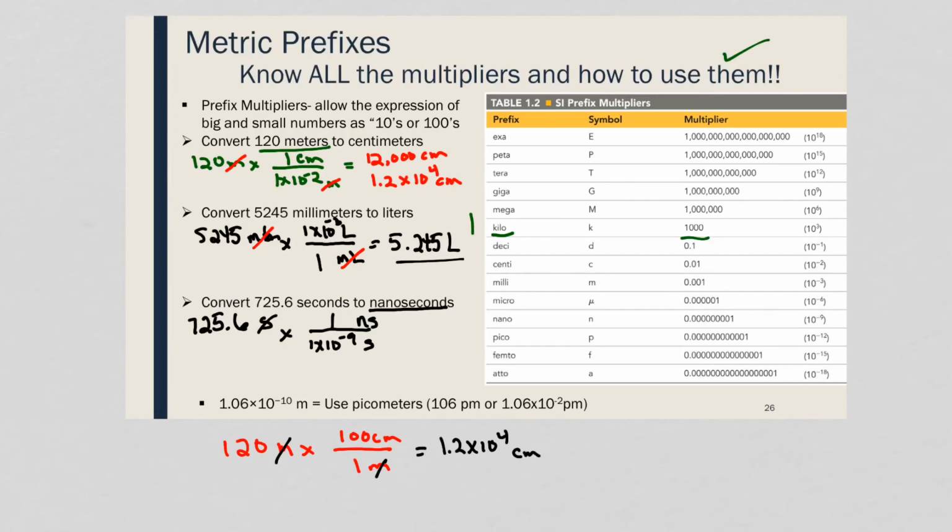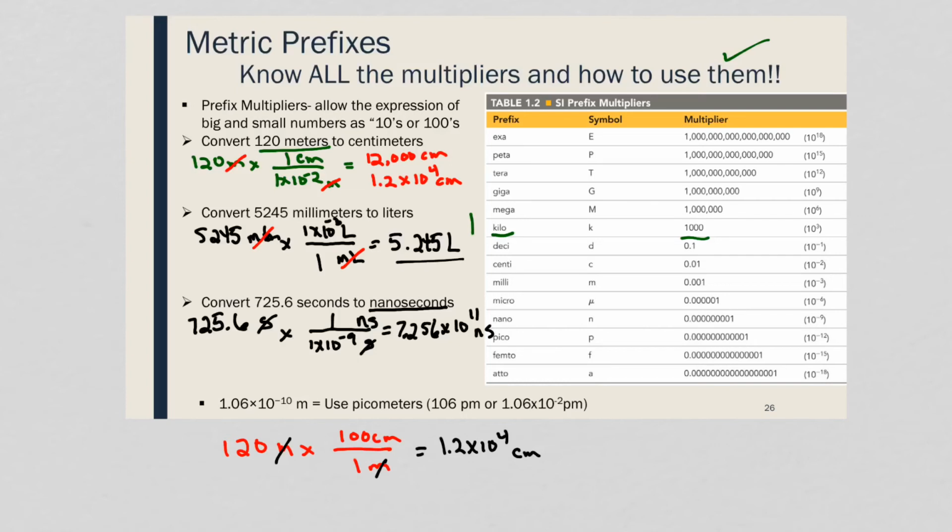So I cancel this out, I do my math, and I end up with 7.256 times 10 to the 11th nanoseconds.